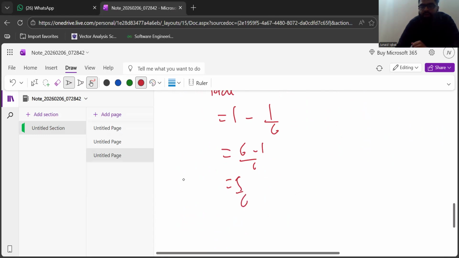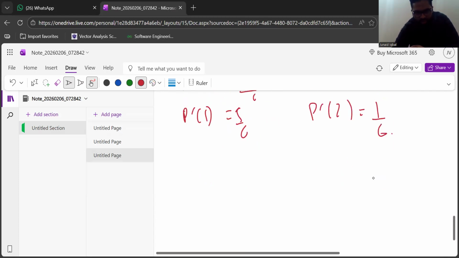So if the probability of coming 1 is 1 upon 6, the probability of not coming 1 is 5 upon 6. Similar is the case for the probability of not coming 2, and so on for 3, 4, 5 and 6. This is how we calculate the probability of that event not coming. The probability of not coming that event is basically the complement event.